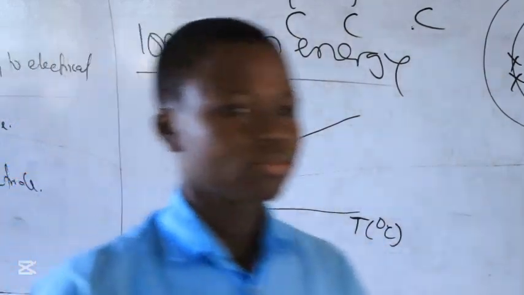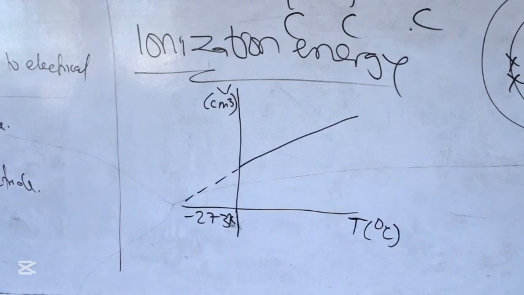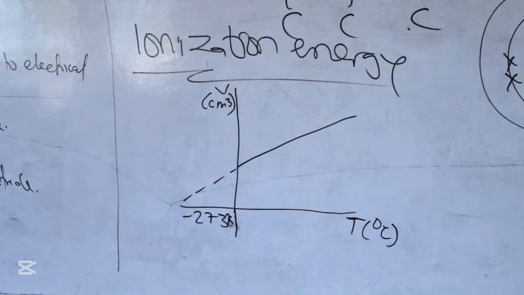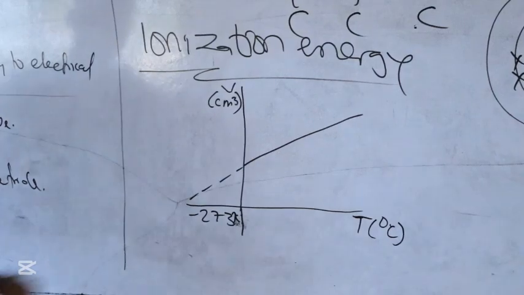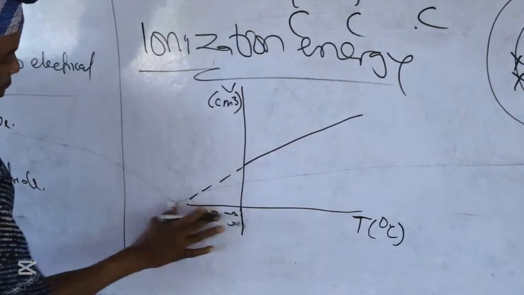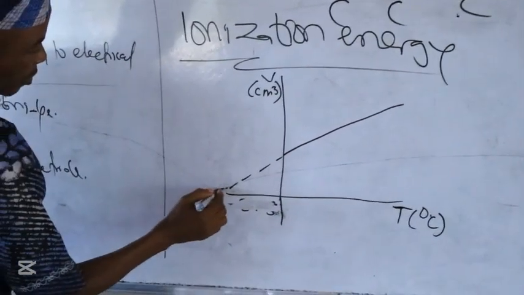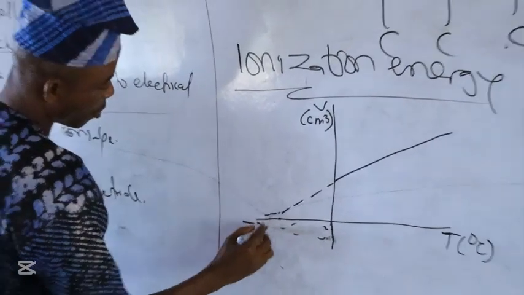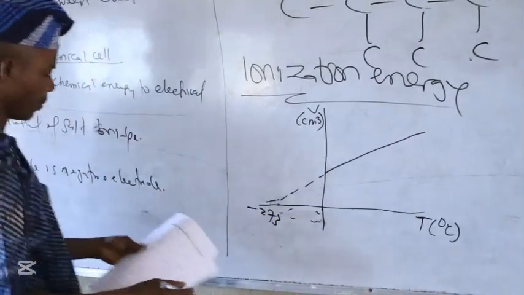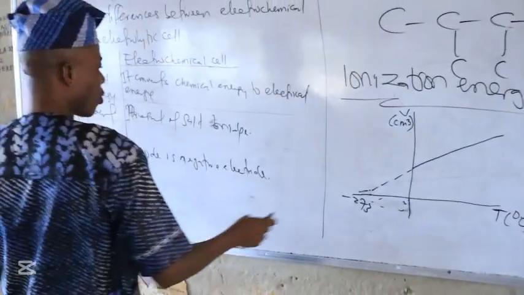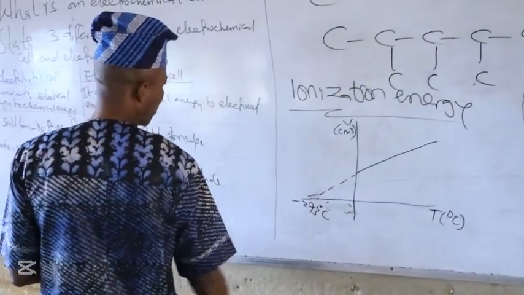Yes, please clap for her. Extend this your line to this so that we know where the value is. The -273. But it has to be in degrees centigrade.